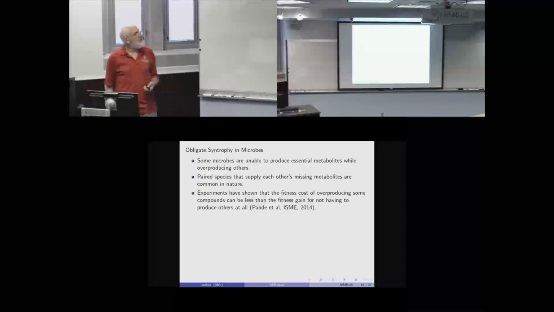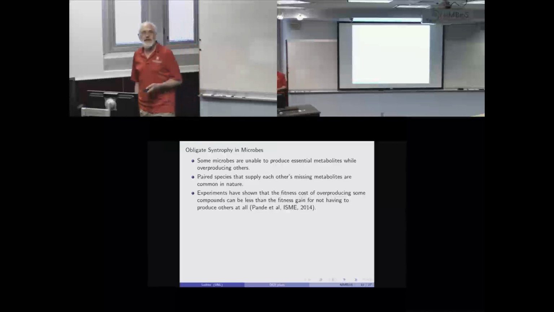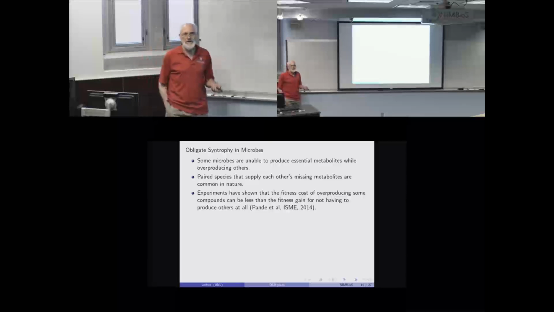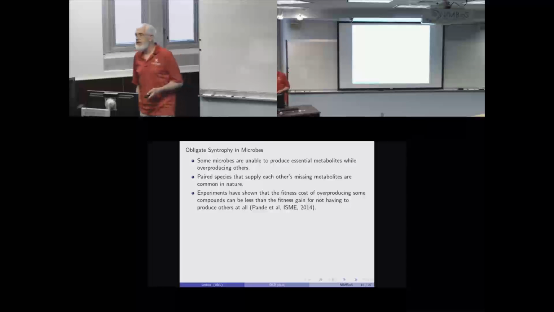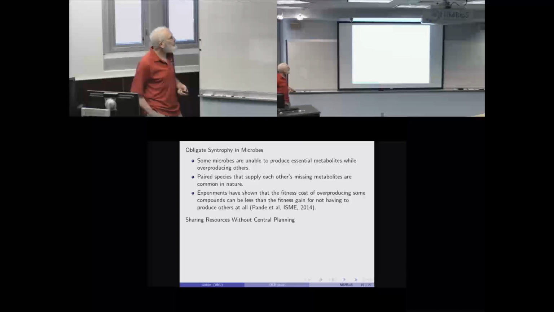And experiments have shown that there are some cases where the fitness cost of overproducing compound A might be less than the fitness gain for not having to produce compound B. So if you could just find a partner, it might be in your self-interest to produce more of one essential resource and not have to build any machinery to produce another one, but count on being able to trade your excess resource with your partner.